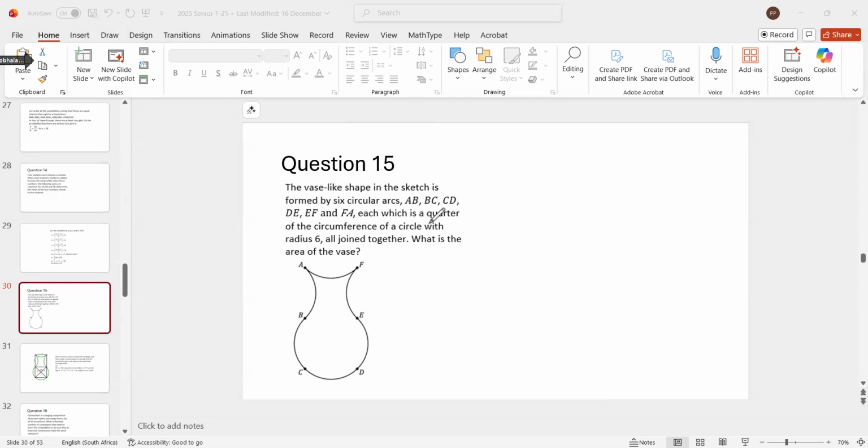Each of which is a quarter of a circumference of a circle of radius 6. So each of them, like for instance, this one here, is a quarter of a circumference. So it looks something like this.